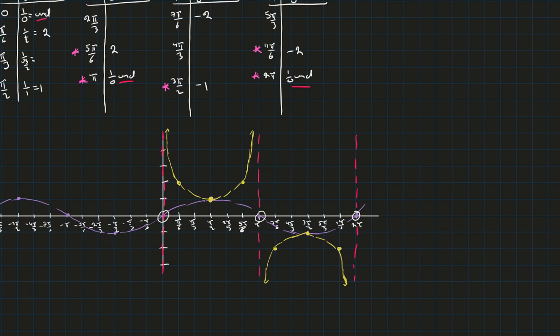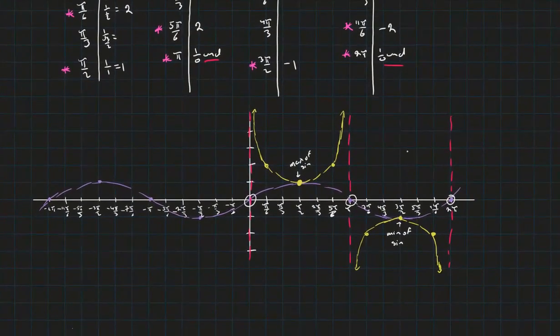And then we're starting to see that cosecant is opening up and down based on the highest. So remember, this was the max of sine. This right here was the minimum of sine. So you can see that it's opening up where there's a max of sine, and it's opening down when there's a minimum of sine. And if I wanted to finish this graph, I can easily do this because I know there's an asymptote right here, over here.